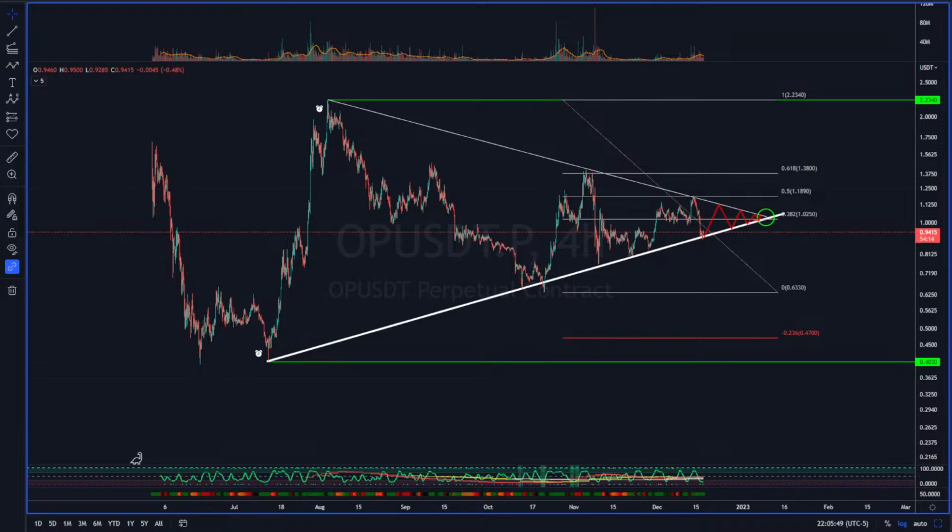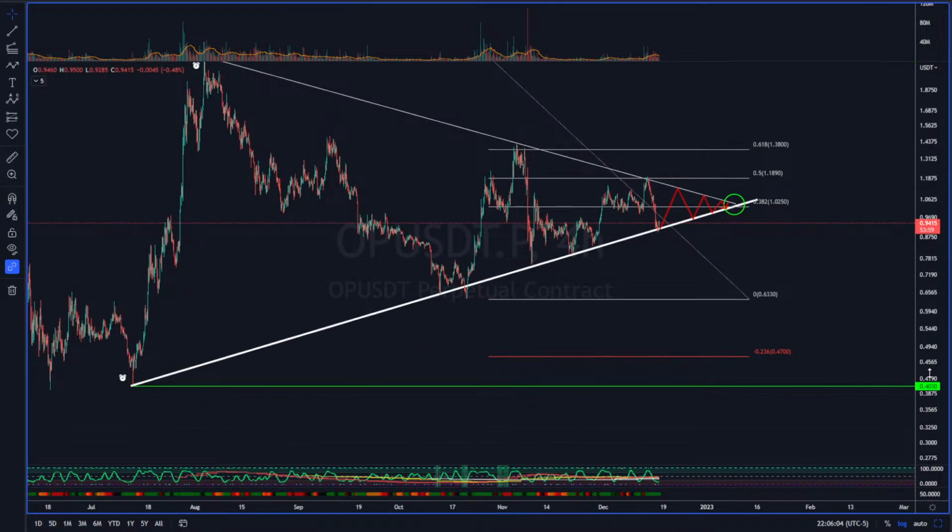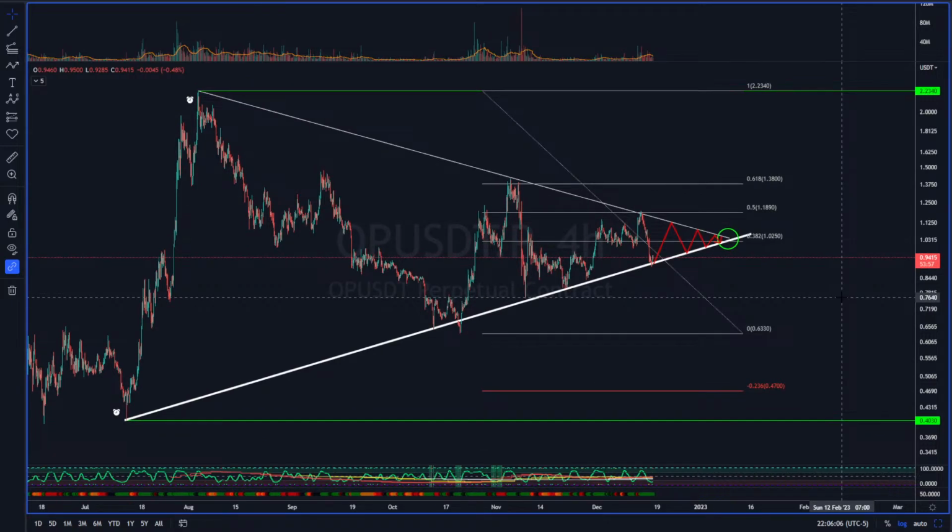I wanted to document this because the look and feel of this chart is really quite beautiful. It is a really great wedge. It's constructed pretty well. It's constructed in waves of 3, right?